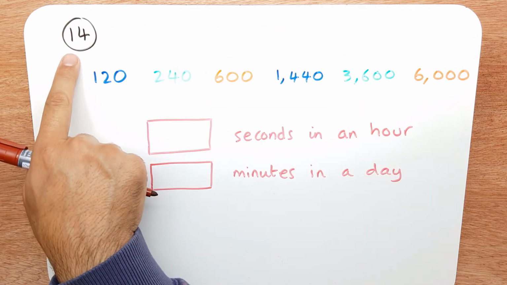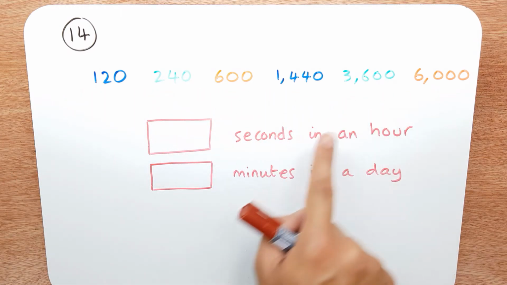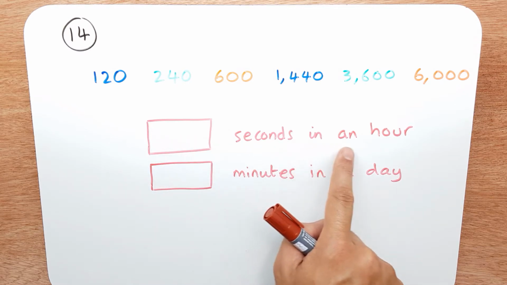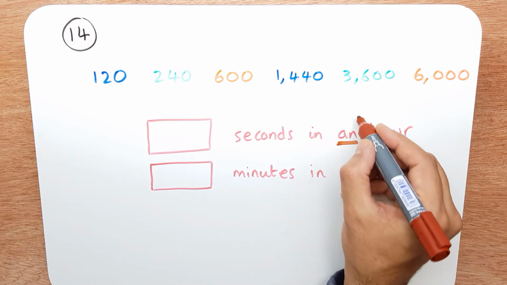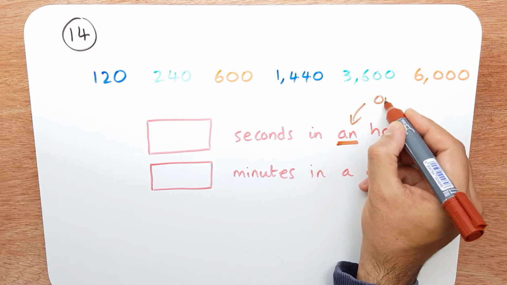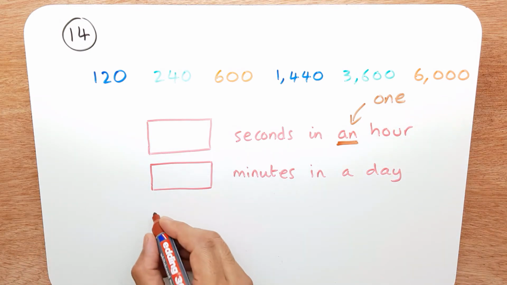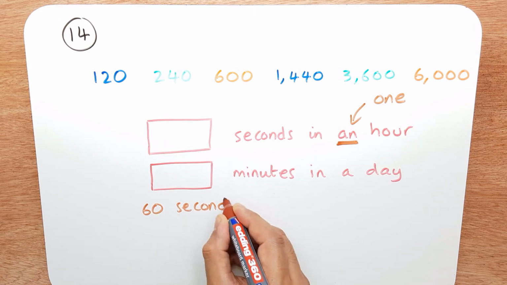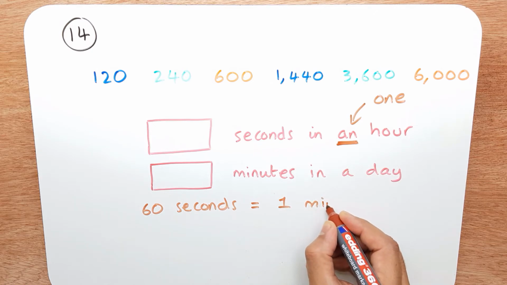In question 14, we're given a set of numbers and we're asked to work out the number of seconds in an hour. That just means 1. So we know that we have 60 seconds in 1 minute.